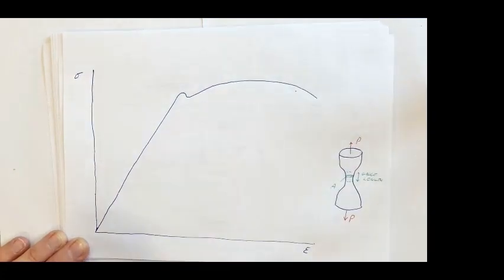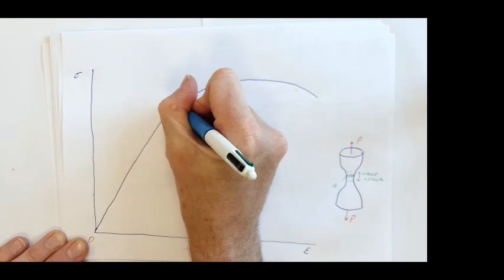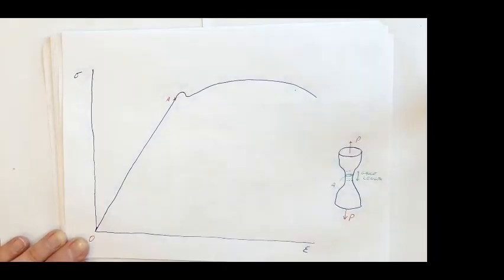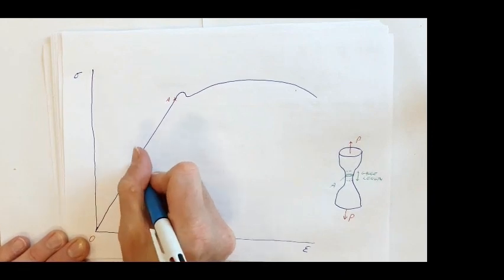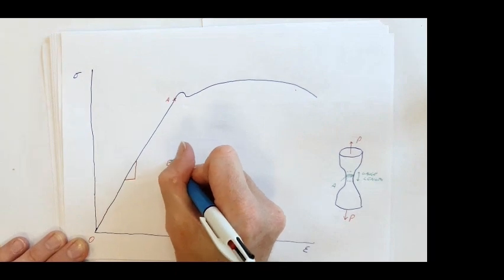Initially, it's obeying Hooke's law between 0 and, let's call this point A up here. Hooke's law: F equals Kx. K is the stiffness of the material. It's the gradient of this line, and the gradient of that line is the Young's modulus.